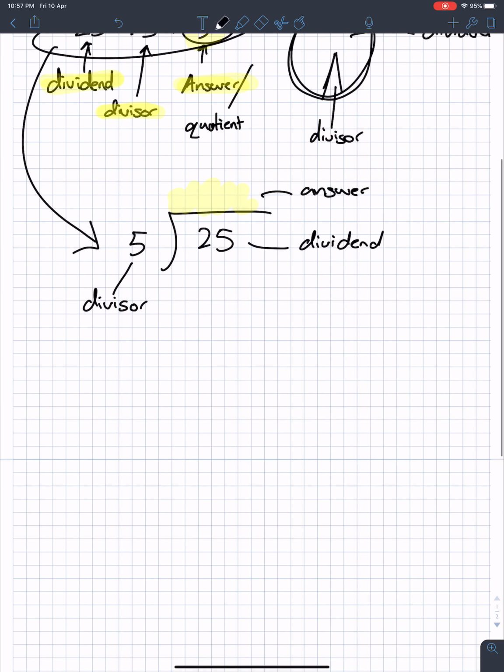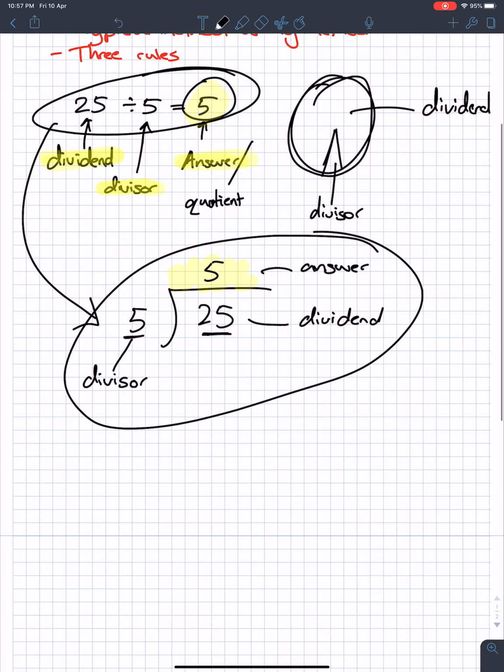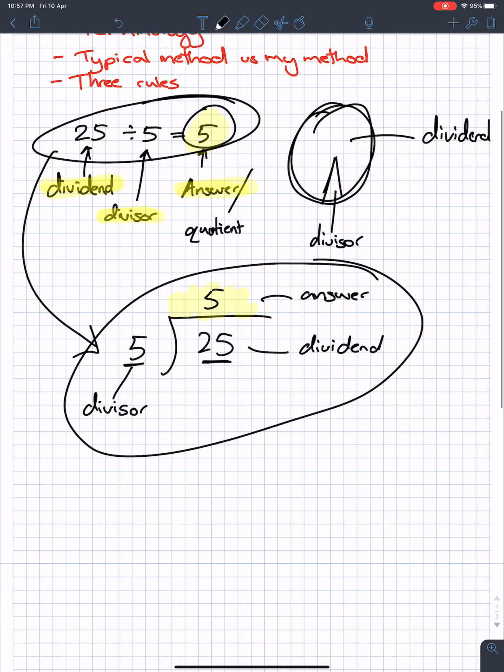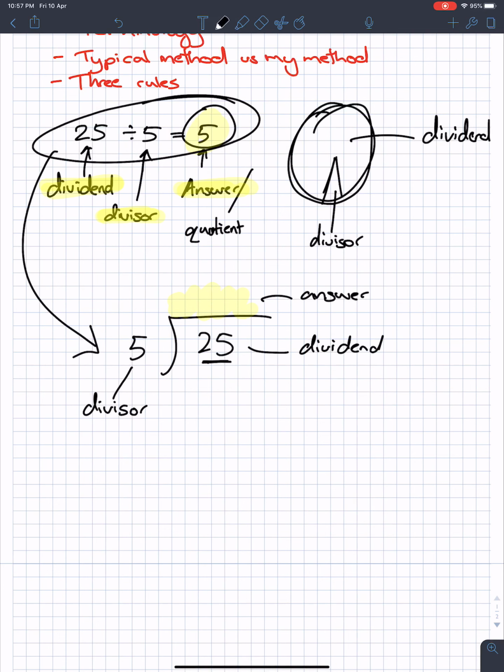In answering this question, 25 divided by 5, the answer would be 5, right? Great. I hope that clarifies the method I'm using. So this is my method versus the method you see in textbooks. Now, let's clear this up a bit.